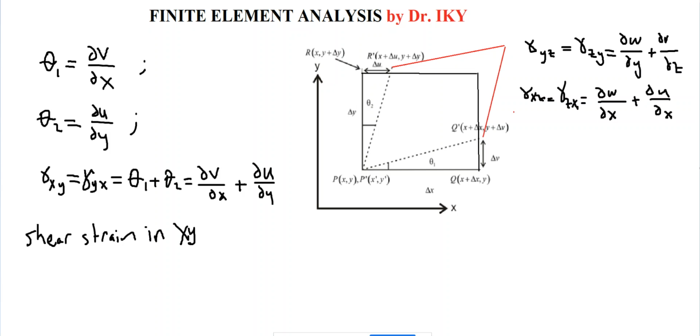Yes, we almost completed, and we can say that this figure is a derivation of the shear strain, because you can see from the figure, it may sometimes be equal.